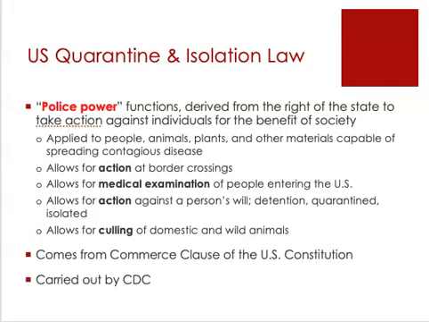So, for example, if a person had a herd of cattle that were found to have been exposed to a terrible cattle disease, or if a particular farm had one or two animals who were showing signs of this infectious disease, the government has the right to not only quarantine those animals, but to cull those animals, to kill them, destroy them, so that they are not a source of further spread of that infectious disease.